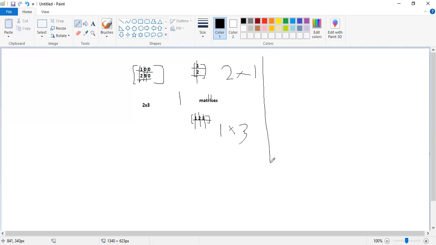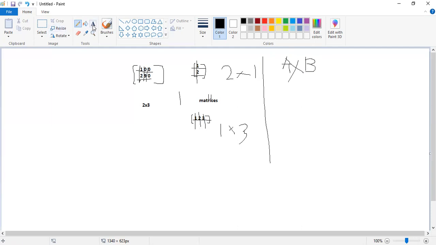Okay, so now moving on to the multiplication of matrices. That's when we have, let's say, matrix A and matrix B, then multiplying them is what we term the multiplication of matrices.